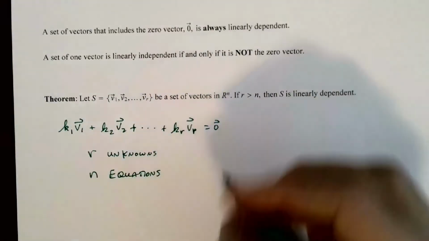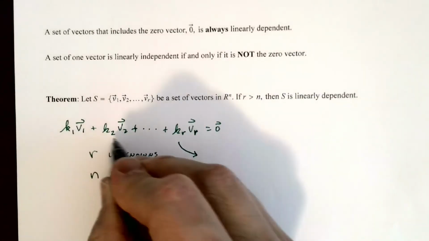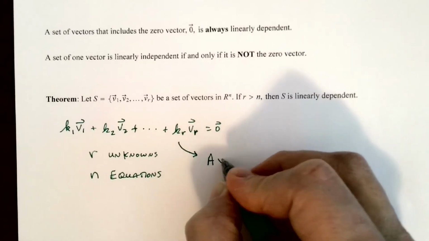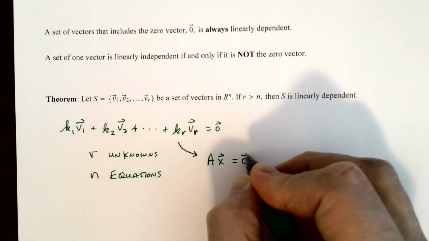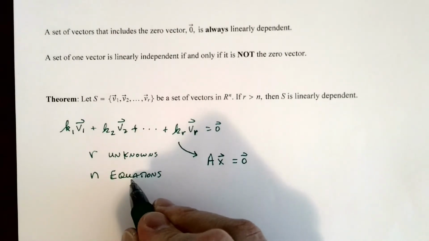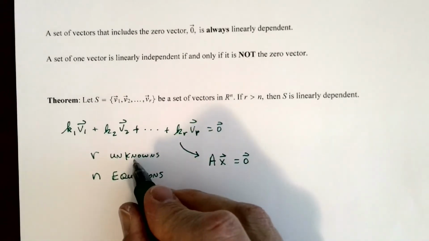Okay. So when I look at this solving for k1 through kr, I'm going to get a system of equations, Ax equals 0, right? Where I have r unknowns and n equations. Notice r then is the number of what?